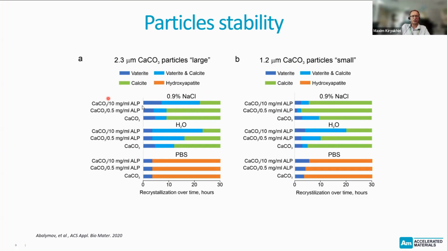But again, when the particles are filled with molecules of interest, this process, even in a salt solution, can be quite prolonged. So it all depends on the conditions, actually. If you're doing the same in a phosphate buffer solution, then you can immediately convert your calcium carbonate into hydroxyapatite, which is quite understandable in the presence of phosphate ions.